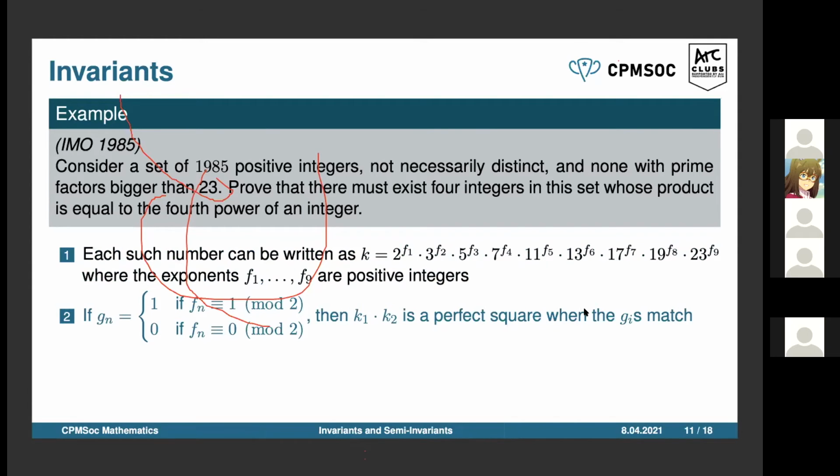And all your exponents are going to be non-negative integers, because they don't have to be divisible by 2. For example, you can have an exponent of 0 as well.